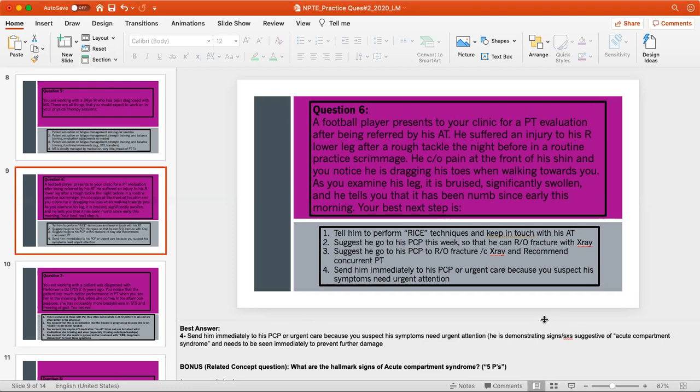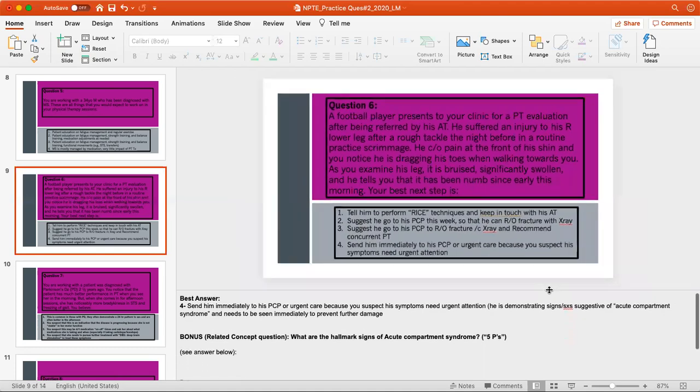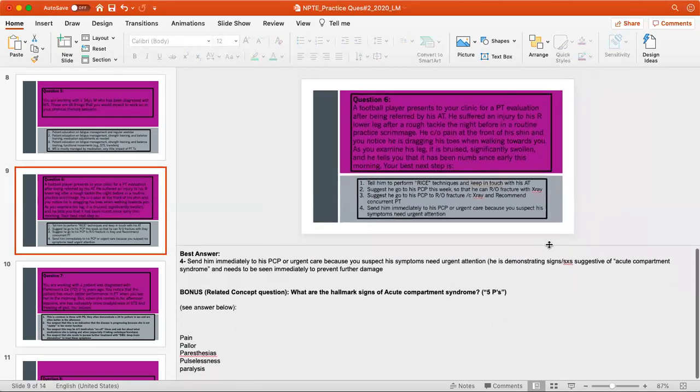And then what are the hallmark signs of acute compartment syndrome? So I remember it by the 5 Ps acronym. 5 Ps. You remember these? I don't remember. Okay, so I'll help you out. So pain is 1, so severe pain. Pallor, so pallor indicating whiteness or loss of blood flow, so compromise to the vascular structures.